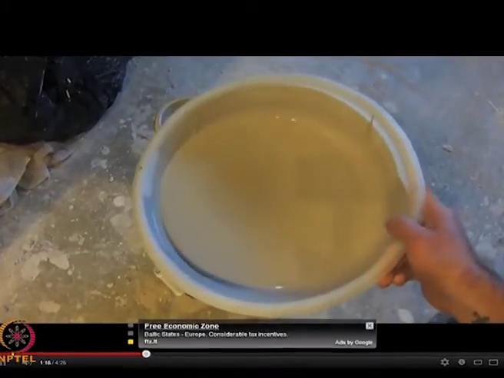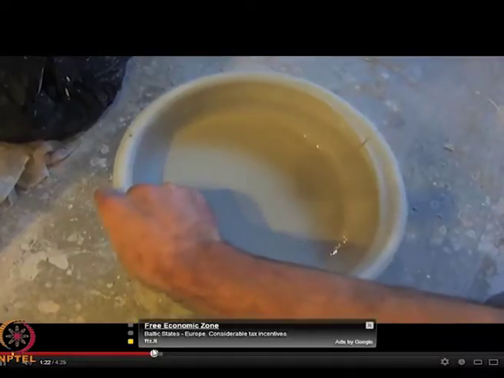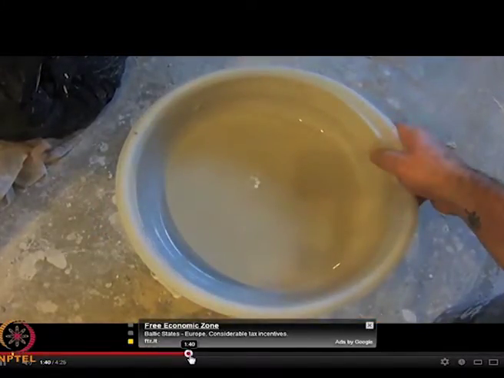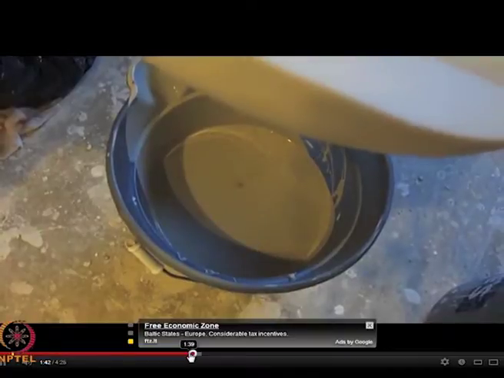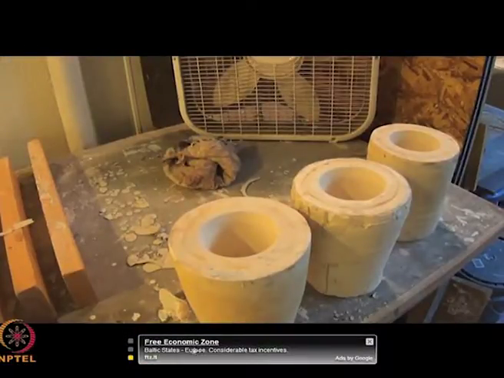So, this is the sieved powder, the coarse particles have been taken out. Yes, the sieve is taken off.